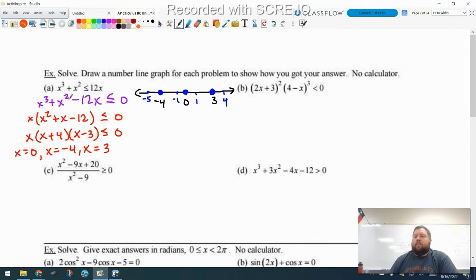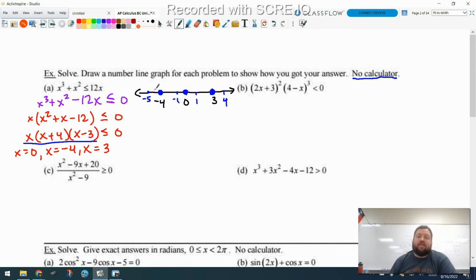All right, so we're going to plug these into the factored form. It's much easier to do it that way because if you plug it into the original, you have to really figure out what's negative 5 cubed and negative 5 squared and negative 12 times negative 5, and then add them all together, and it gets kind of tough, and we don't have a calculator here. So it's much easier to do it down here because you don't even need to worry about what the numbers are.